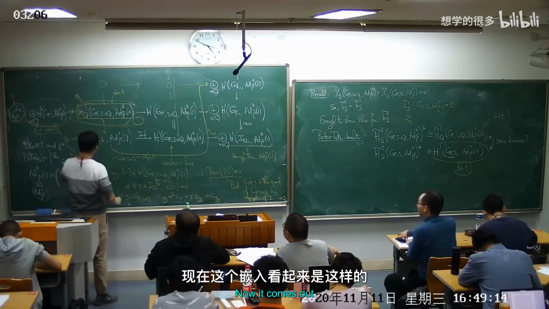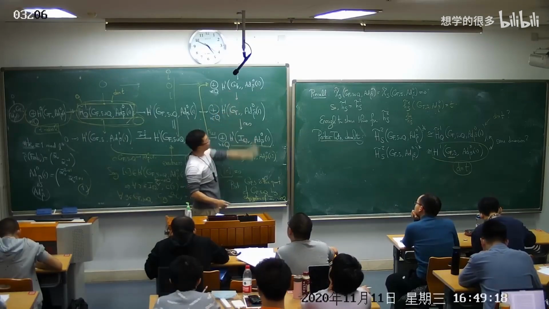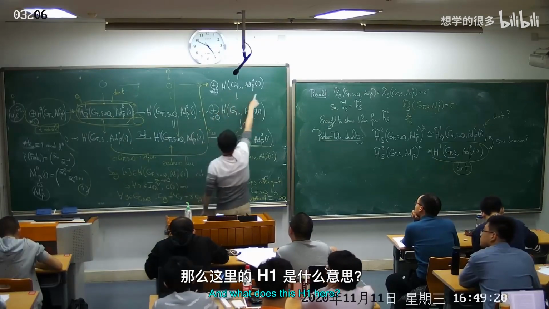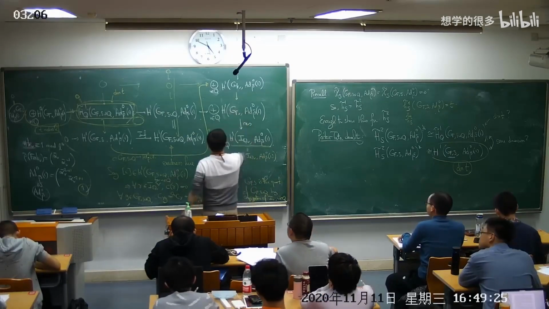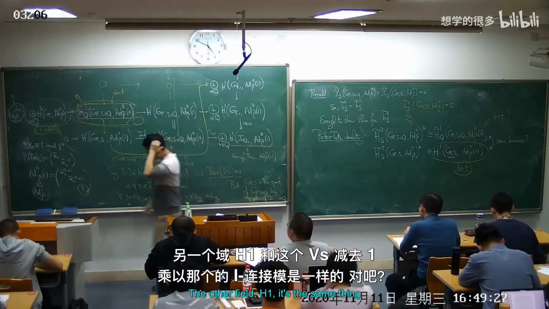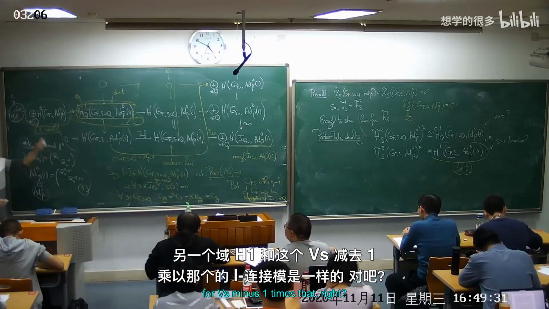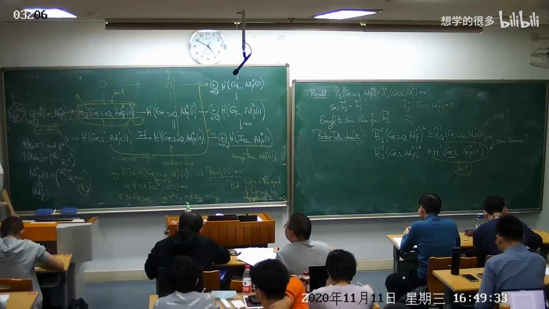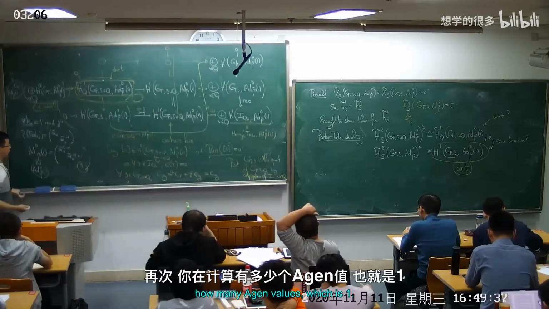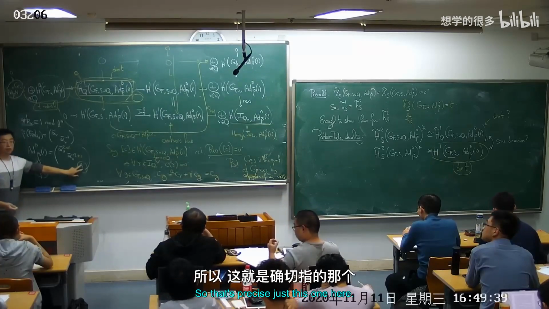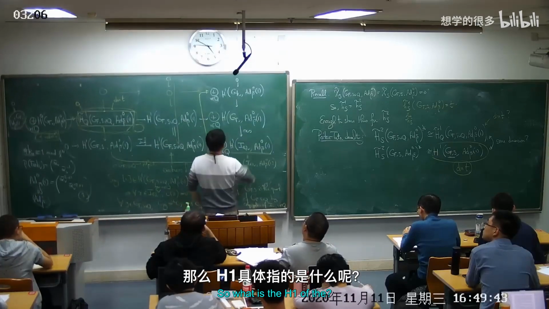Now it comes down to this embedding into this guy. And what is this H1 here? This is H1 of the residue field. The residue field H1 is the same thing as the adjoint modulo Frobenius minus 1 times the adjoint. Again, you're counting how many eigenvalues are 1. So what is the H1 of the residue field?